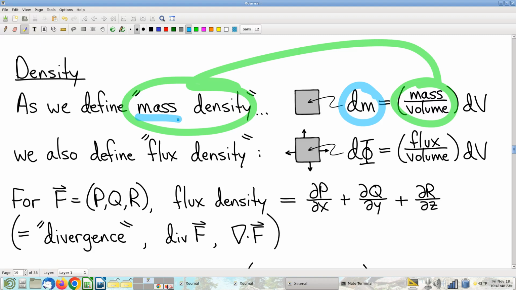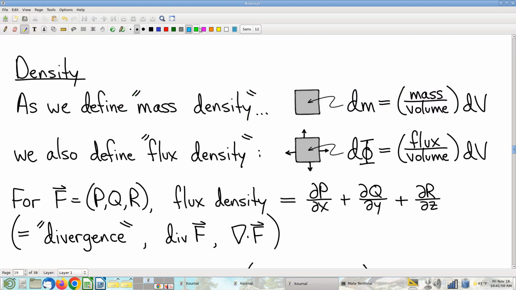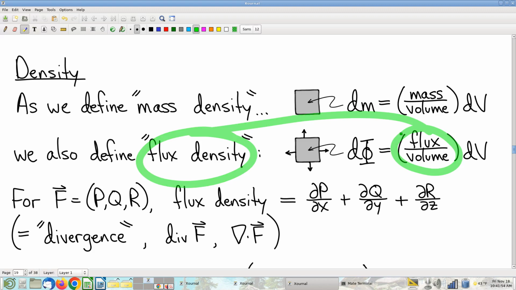Okay, likewise then, there is a kind of density that we can associate to flux. If I think of how much boundary flux comes from a little piece of solid of a certain size. Same notion, just like mass, flux is an accumulating quantity of stuff that I can think of as distributed over the interior.